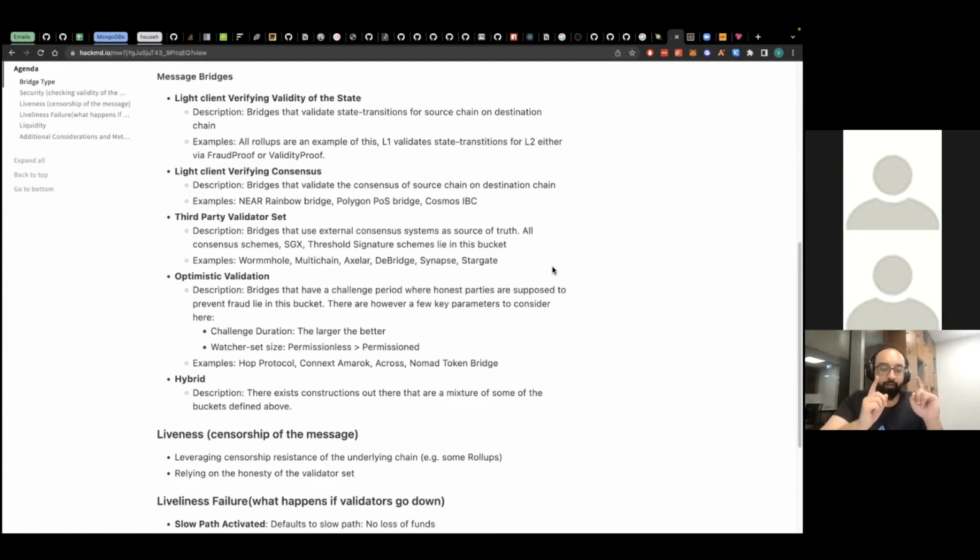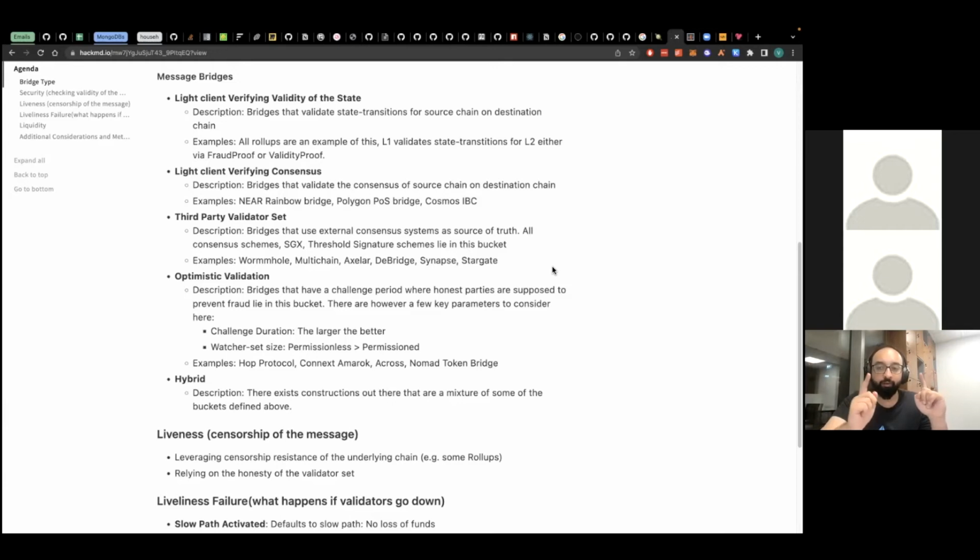But here, because we don't have light clients, the fraud detection happens on the destination chain, but the fraud proving can only happen on the source chain because only the source chain knows what's right and what's wrong, right? So if you open up the watcher role to anyone, people would come in and challenge again and again. And the destination chain has no clue how to know who is telling the truth. Is it the attester or sequencer, or this new watcher, right?